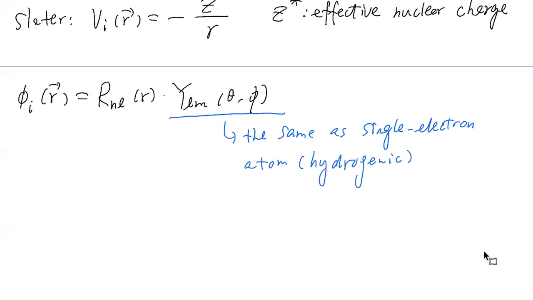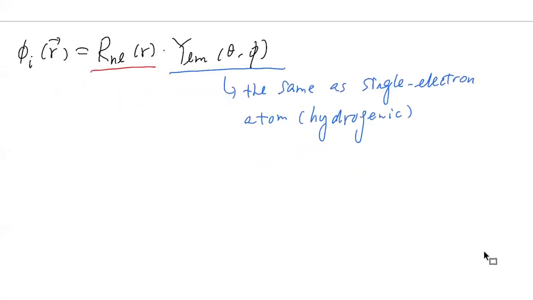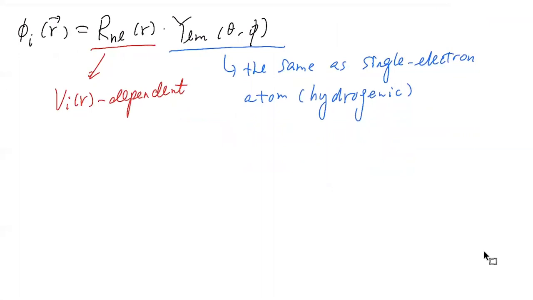They're exactly the same. It is the radial part that's different, because the radial part depends on the actual functional form of the central potential. So our task is really about the radial part. It's not about the angular part. The angular part is very clear. It's the spherical harmonic.